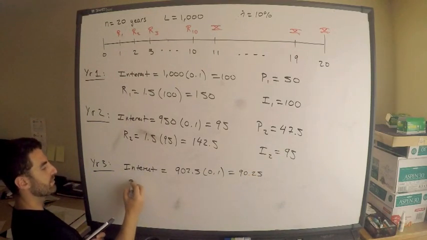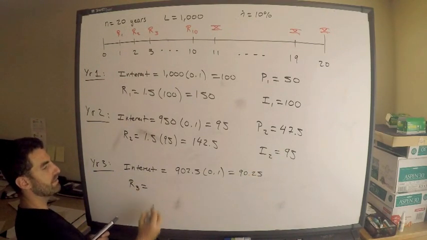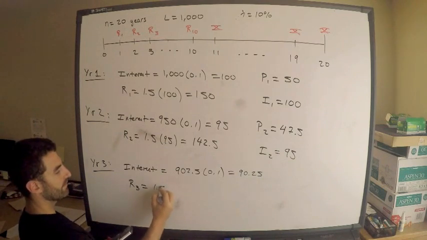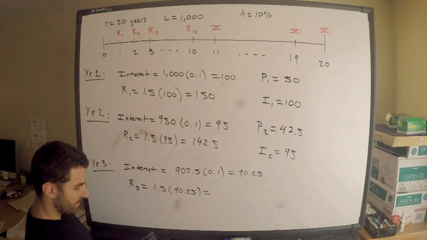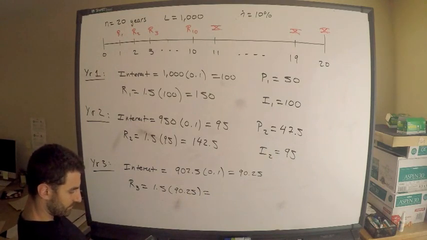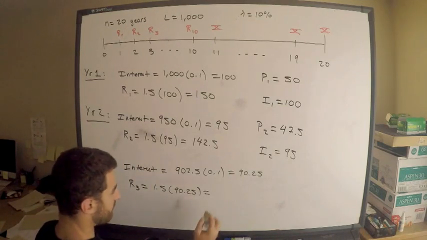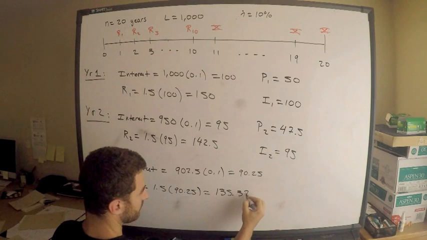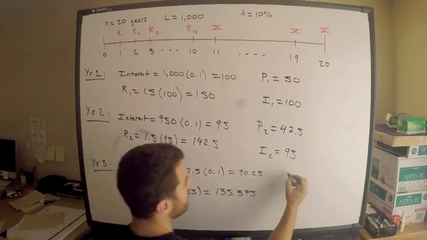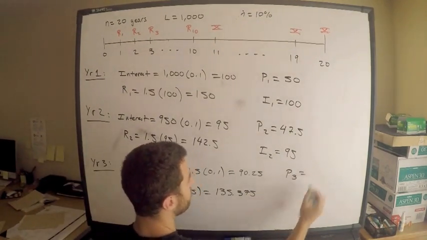What is our actual payment in year three? It's 1.5 times this, 1.5 times 90.25, which is 135.375. What is the principal portion of the third payment?